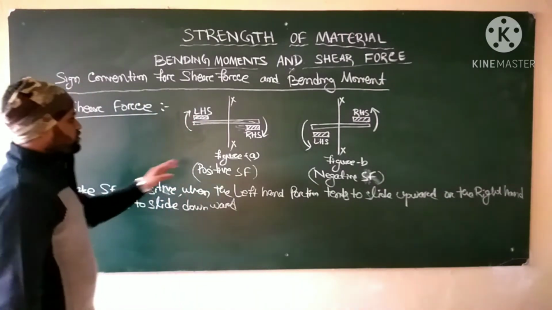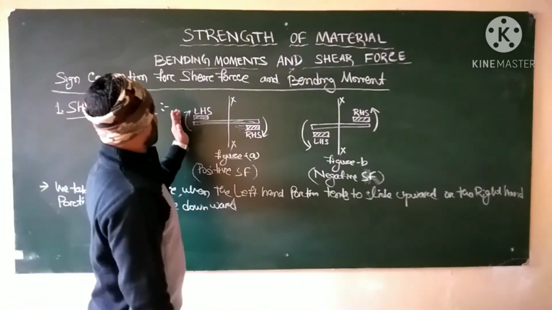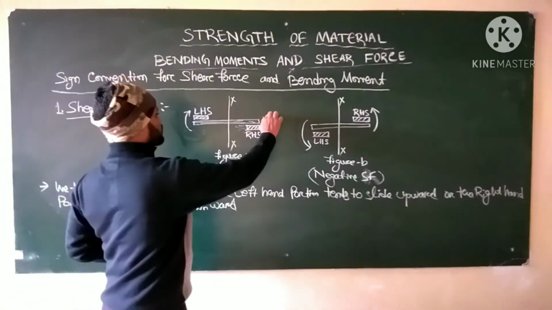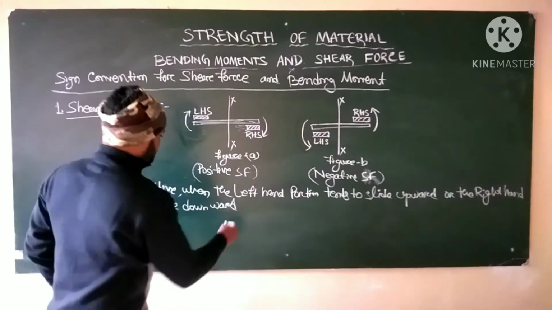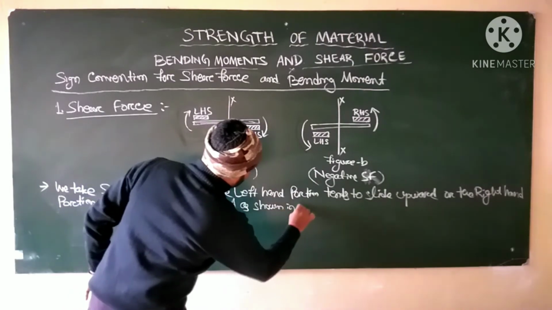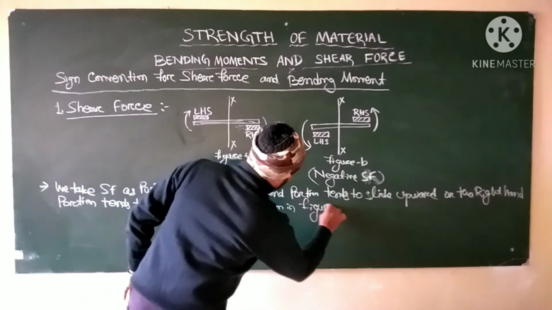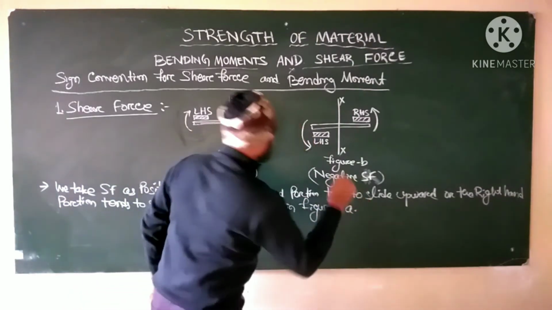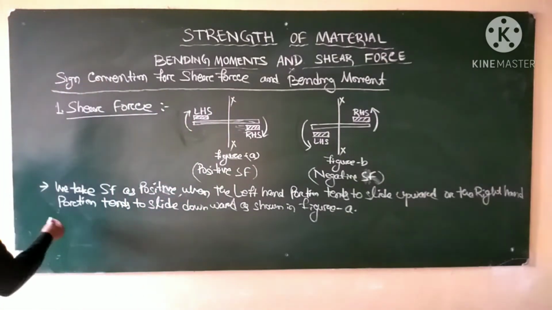We take shear force as positive when the left hand portion tends to slide upward and the right hand portion tends to slide downward, as shown in figure A.